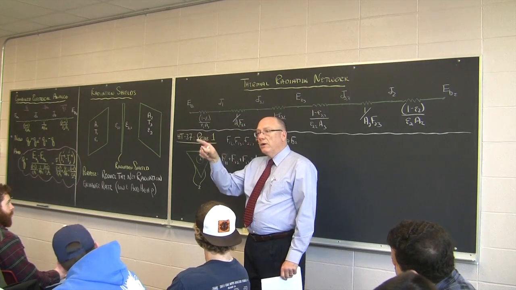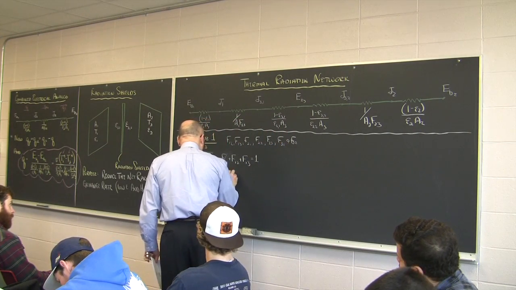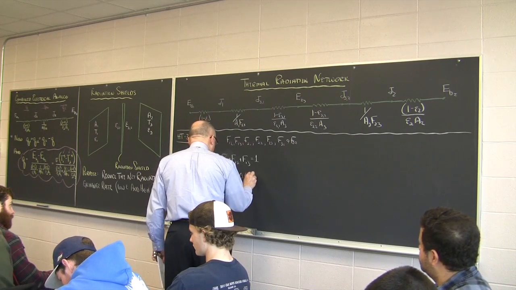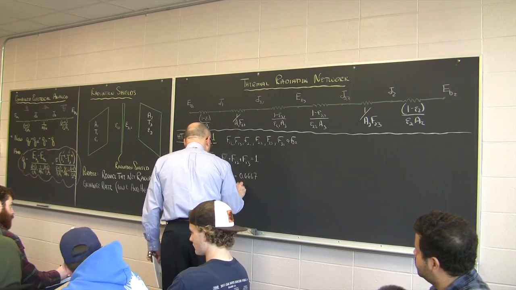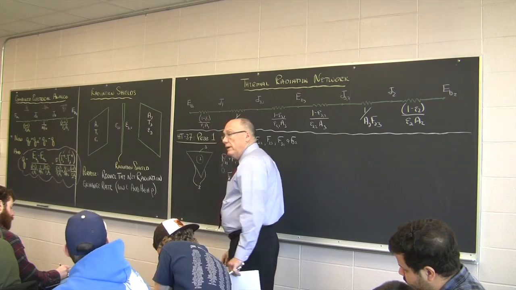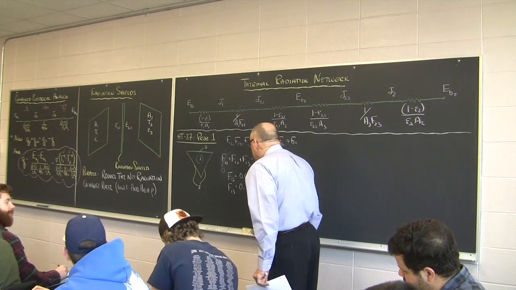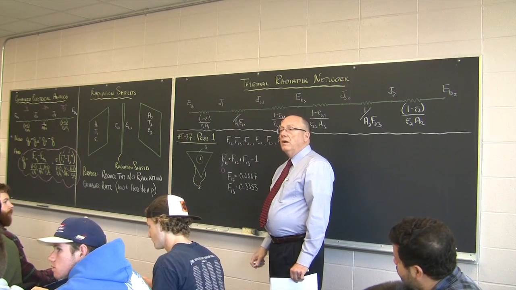It sees each one of the 3 surfaces equally. So that means that F1 to 2 is equal to 0.6667, and F1 to 3 is equal to 0.3333. Agreed? No? Isn't the heat transfer to each surface equal?